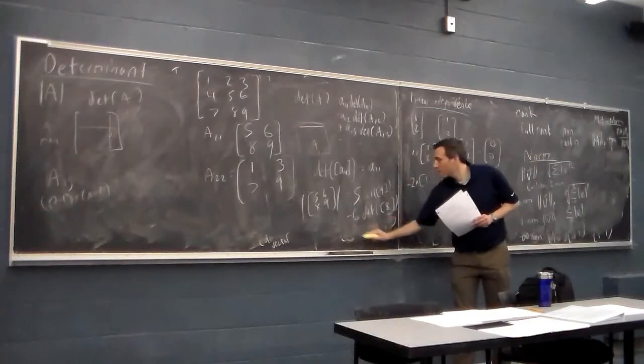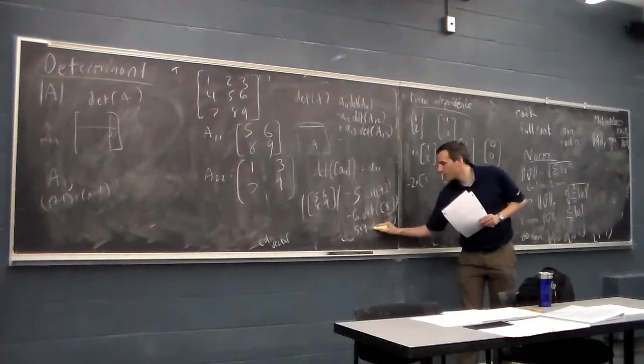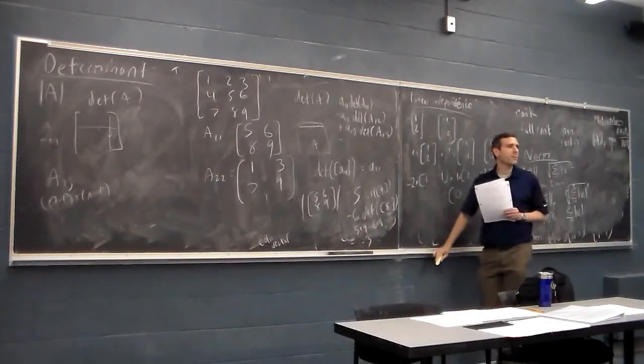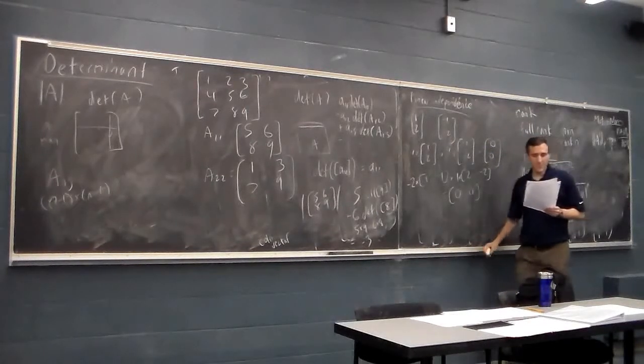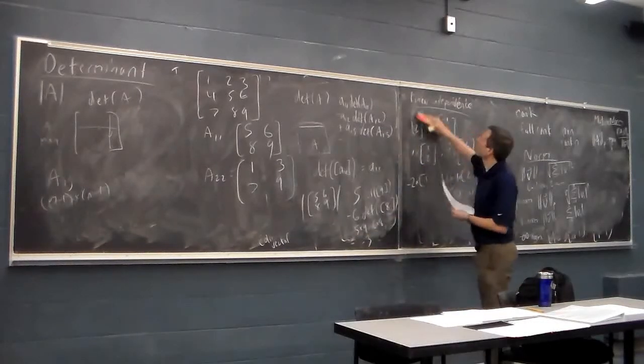And if we do the math here, that's going to be 5 times 9 minus 6 times 8, or 45 minus 48, or minus 3. So any questions about that? Okay, so there are a few useful things you can do with determinants.